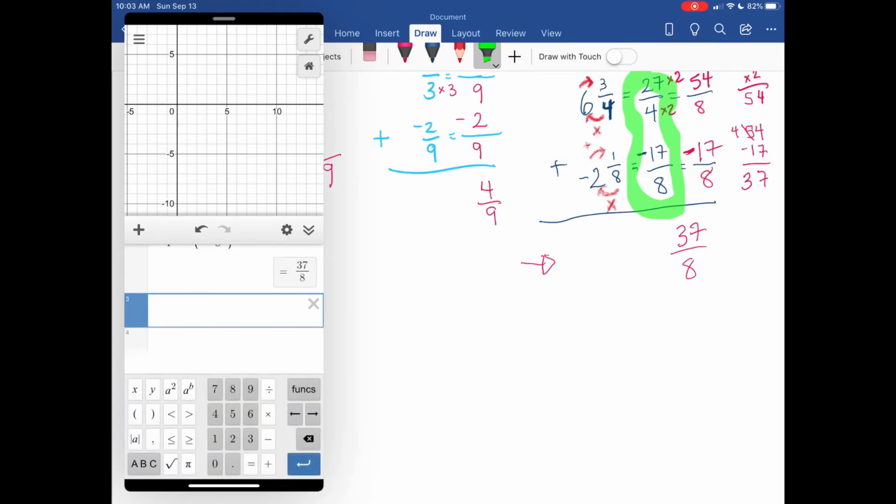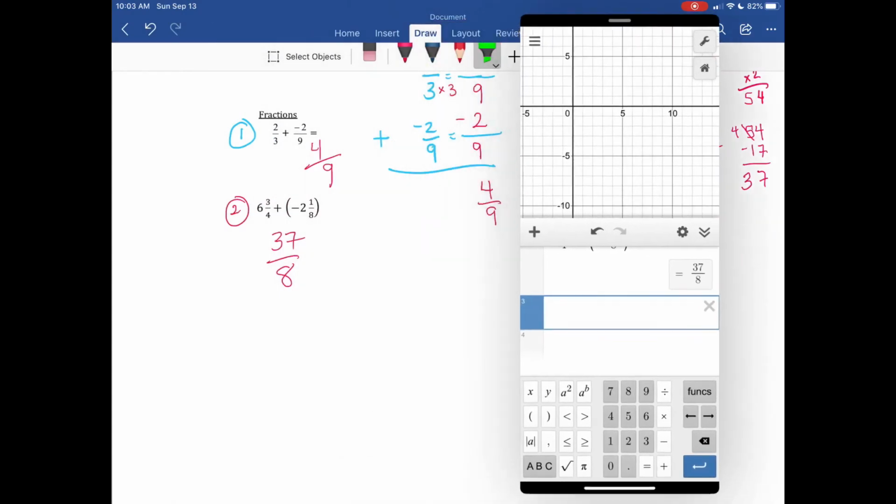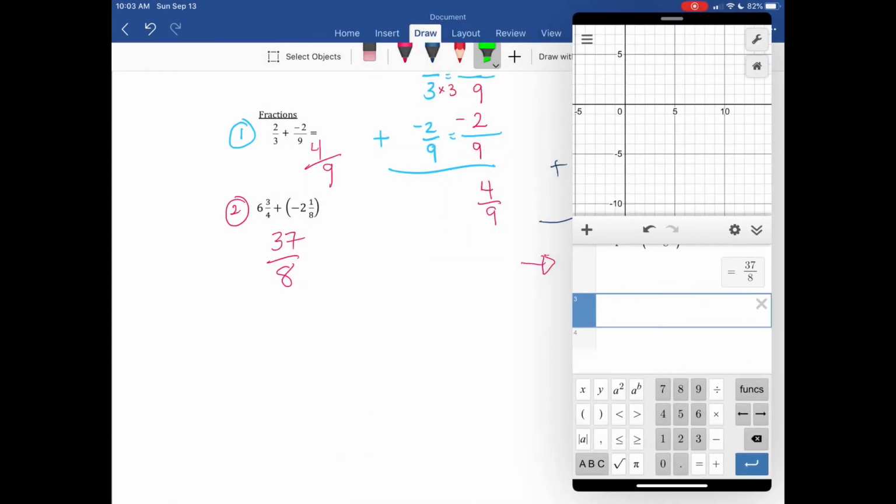So we could also go here, and if I were to write that as a mixed number, I want us to be clear about this.